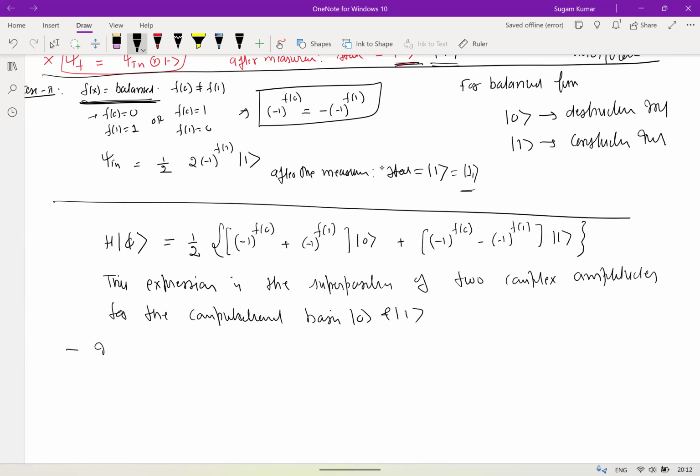Remember always, interference happens in the addition or subtraction of amplitude. So amplitudes are going to either add or subtract.